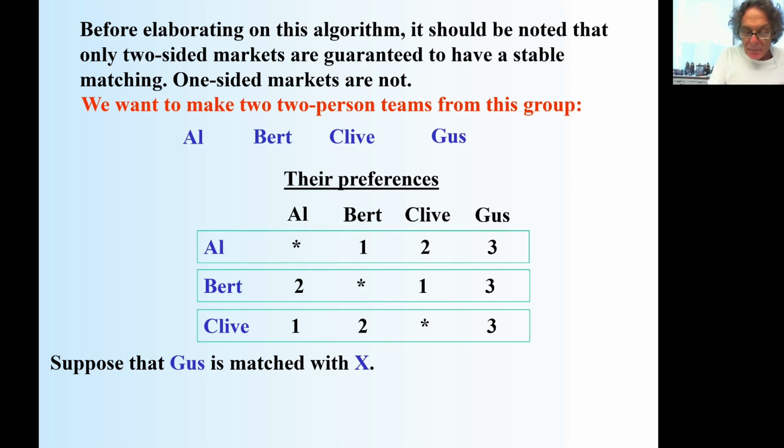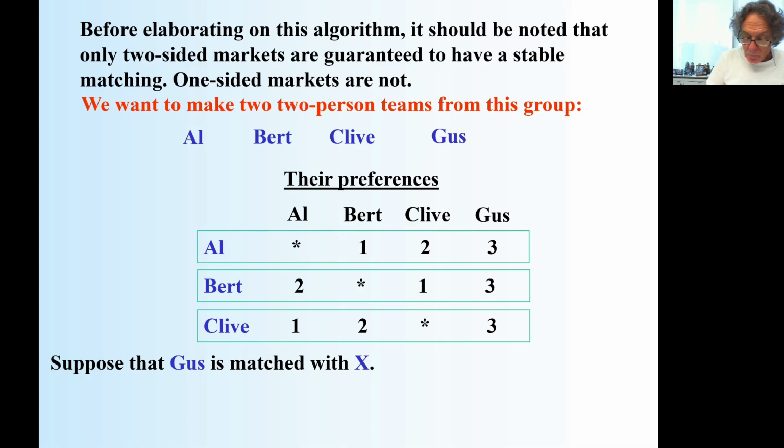You can read this example later on. It shows that if the boys and the girls can rank not only the girls but also the boys, you can say, I prefer that boy to that girl, but that girl to that boy. They can rank all of them. Then it is a one-sided market, and typically you may find examples where there is no stable matching.